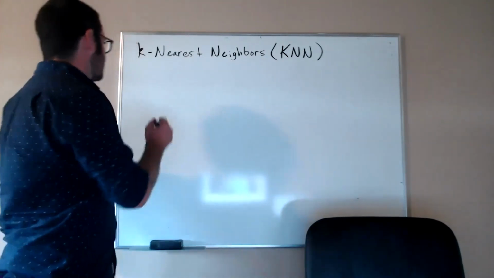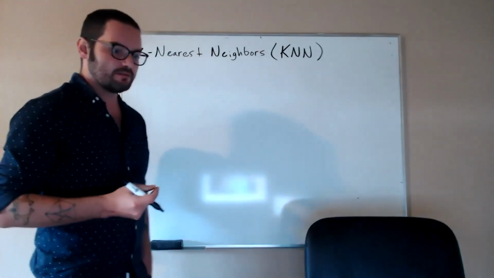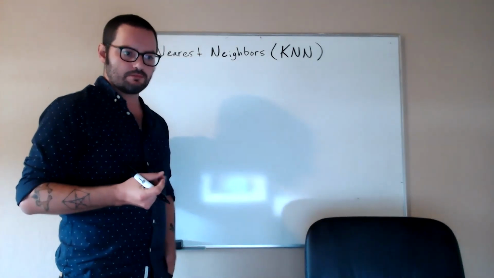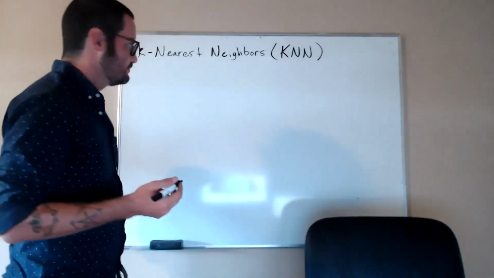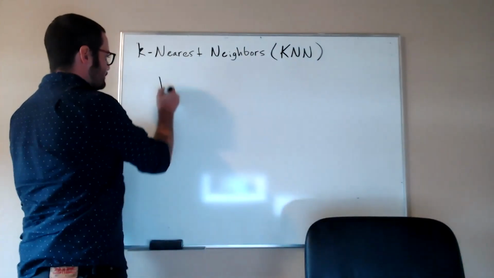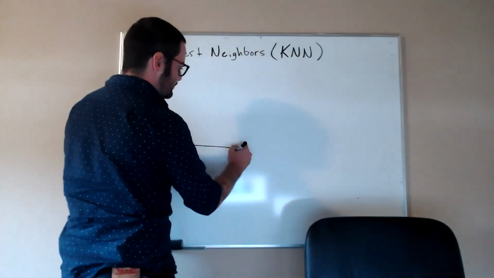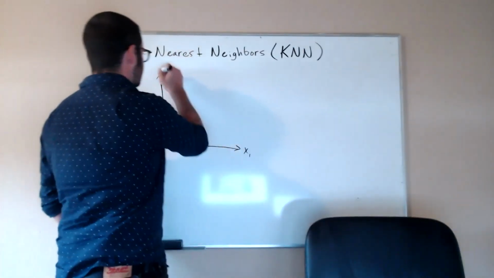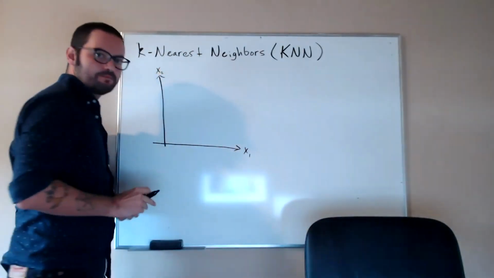And it's very simple. So suppose we have two measures for our labeled data. And again, this is supervised learning. So suppose we have two features for our data, say x1 and x2.